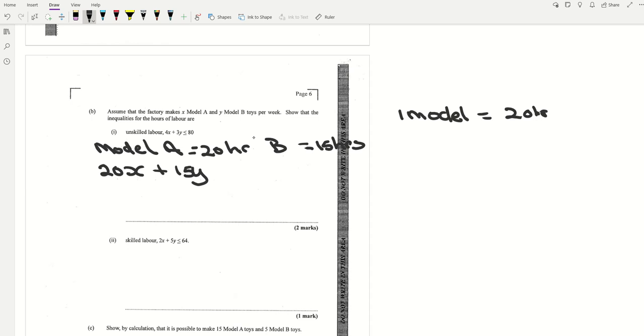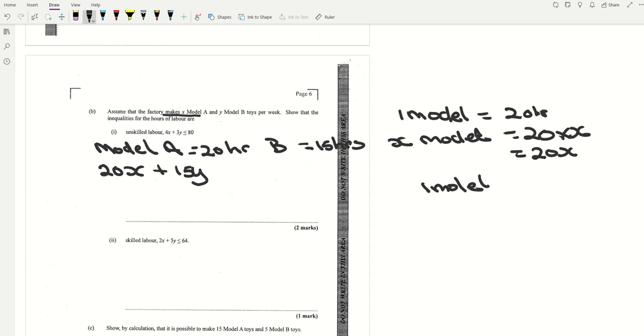They told me that the number of models for model A is X. So X models would be 20 multiplied by X, which is 20X. Alright? And the same thing for Y. One model is equal to 15 hours, and Y is for model B. So Y models, we don't know the number, so they give it a letter. 15 times Y, which is 15Y.